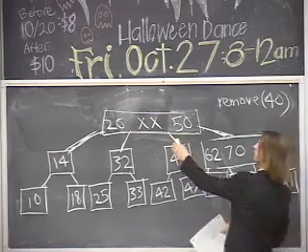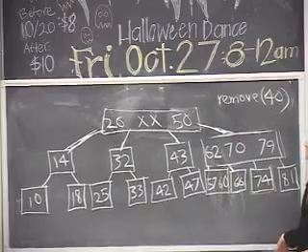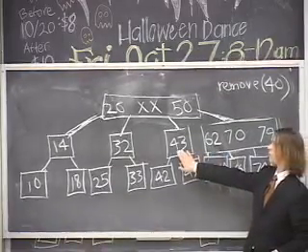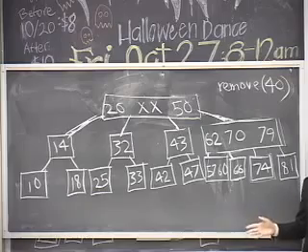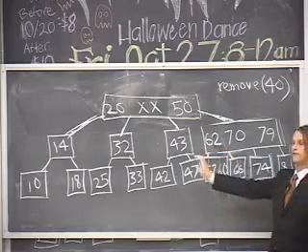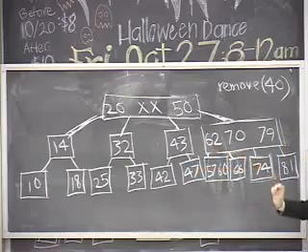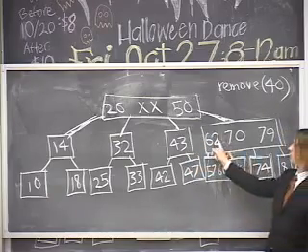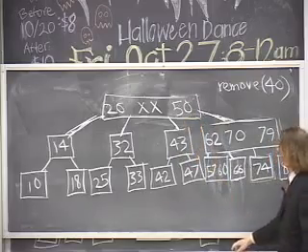I'm once again looking for the next higher key after the XX. And so I go down to this node called 43, and I say, okay, that's a one-key node. Got to handle it. Can I steal a key from a sibling? Well, not from 32, nope, but from 62, yes. So I do a rotation operation where the 62 goes up and the 50 comes down.